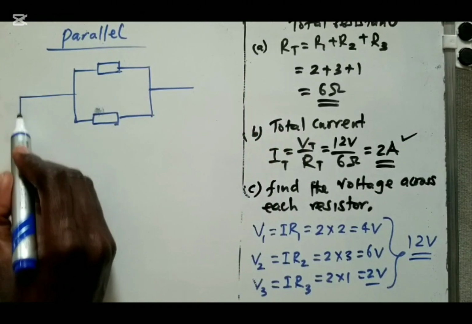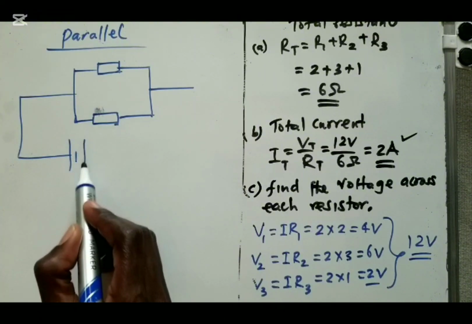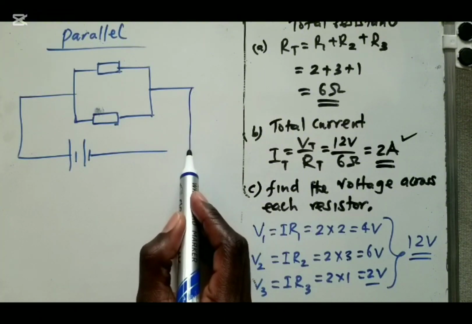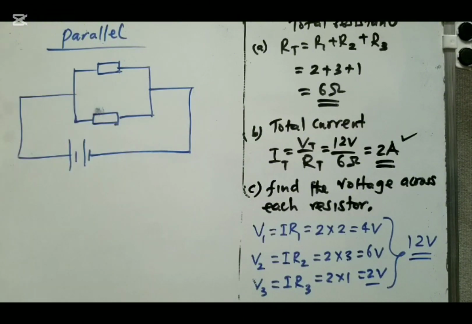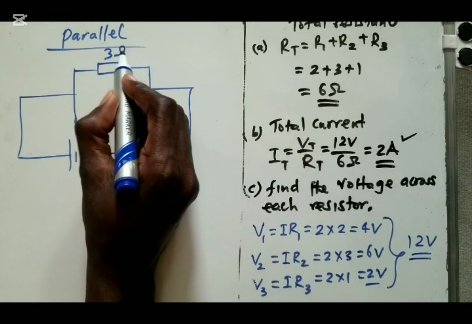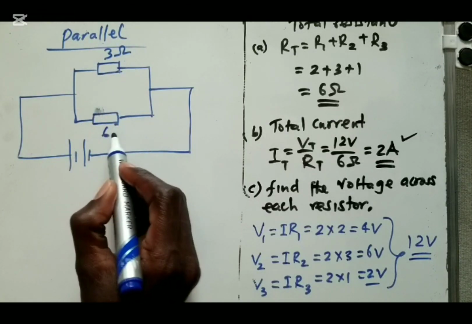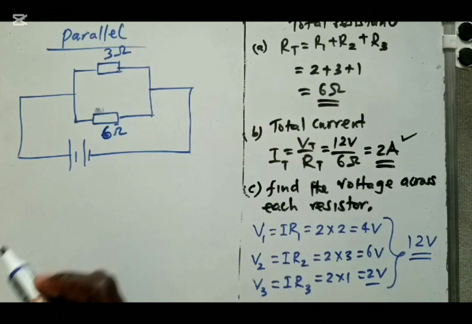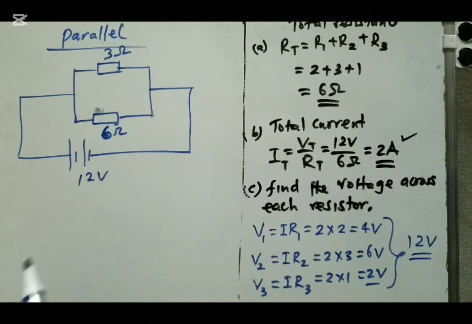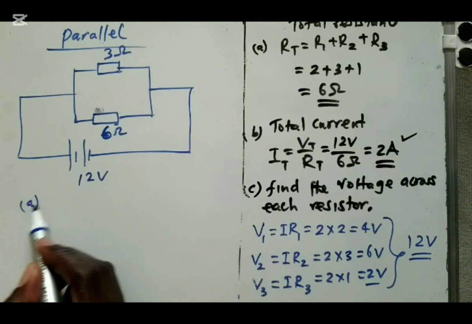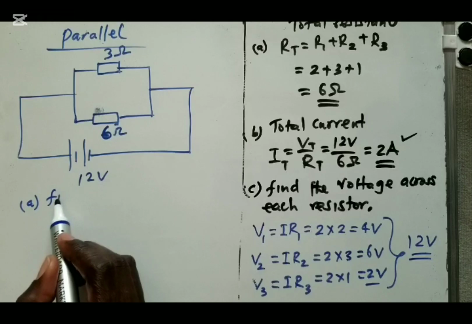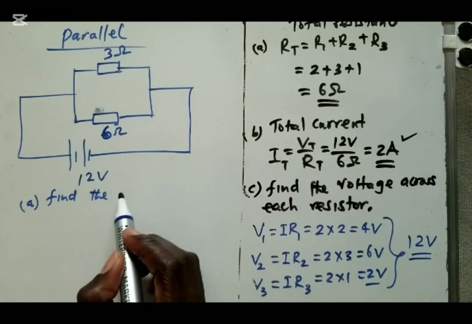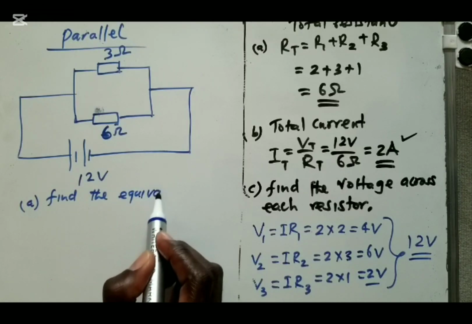Picking up some examination questions as my examples, suppose this is 3 ohms, and this is 6 ohms, and this is 12 volts. Then they tell you to find the equivalent resistance.